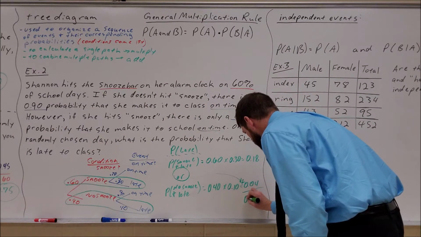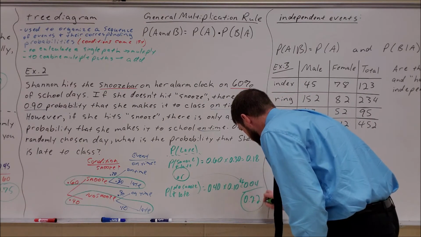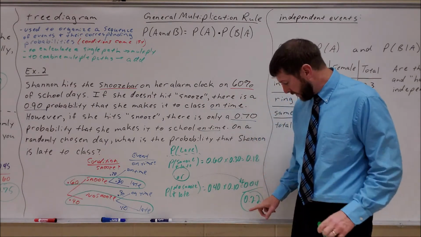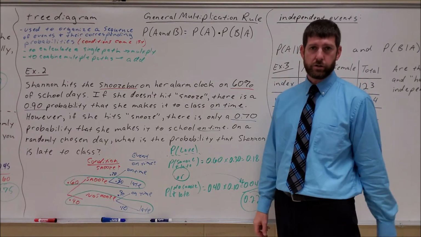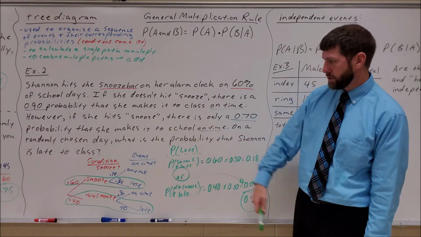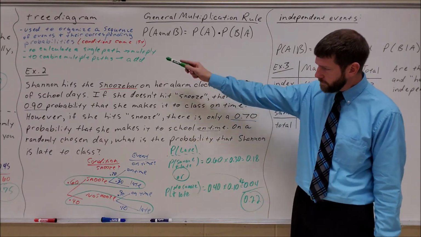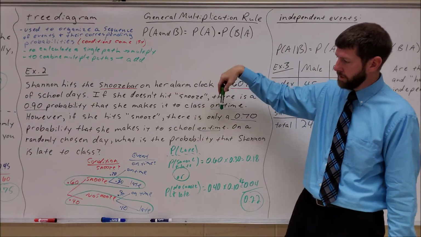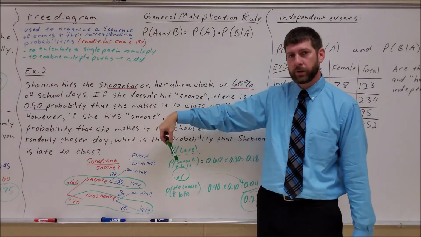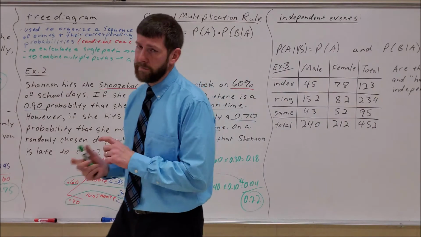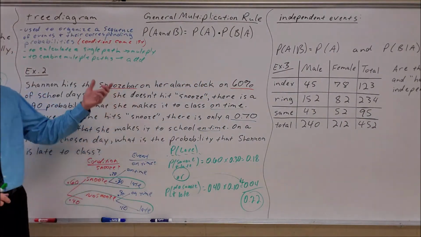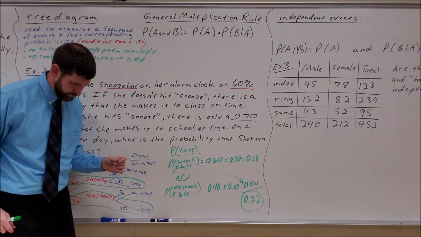So 0.22. So what did we find? We found that on 22% of mornings, she ends up late no matter what she does with the snooze bar. That's how we can use a tree diagram to organize something that looks really complex and just turn it into a couple of multiplication problems and then an addition problem. All right, so that's what we're looking at with tree diagrams and general multiplication.